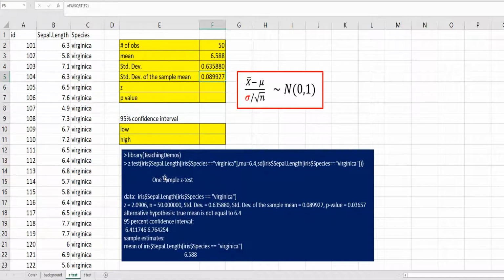So in our program, once you activate teaching demos, we can do the Z-test. I want to show you how to get this output. We want to test whether mu equals 6.4.